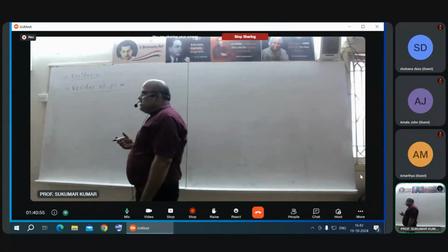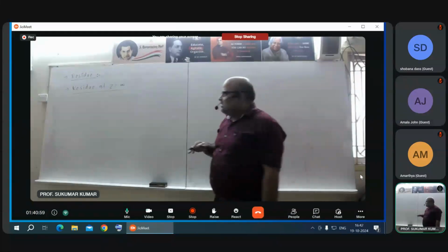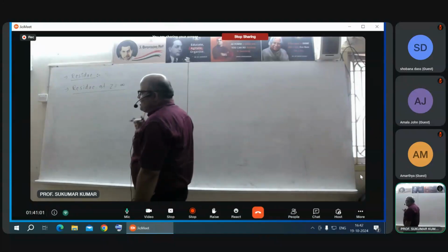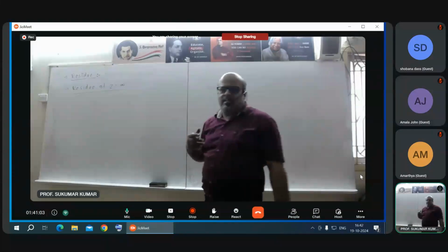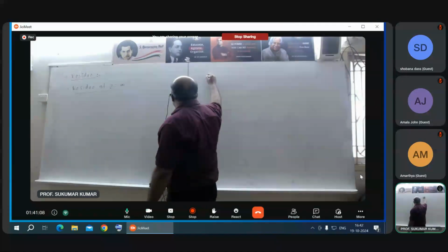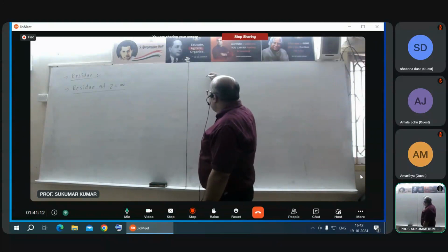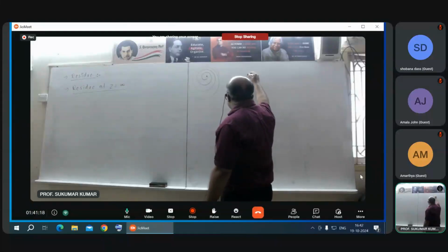In complex analysis, we can't prepare any image. We are writing the limit z tends to 0, z tends to 1, z tends to 2. So we can approach that point from anywhere. We can approach this point like this, or like this.